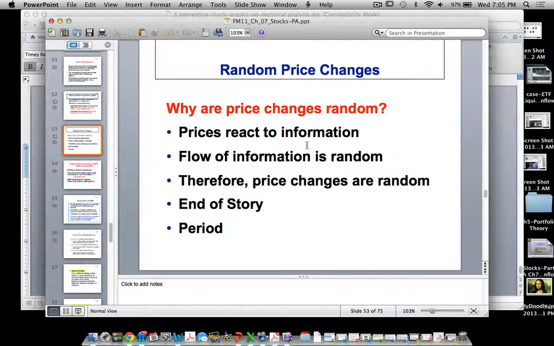It doesn't really matter whether it's very significant or less significant information, because even the less significant information can trigger new significant information, or collectively a lot of seemingly insignificant information can become significant in some form or shape. And so therefore price changes are random, end of story.